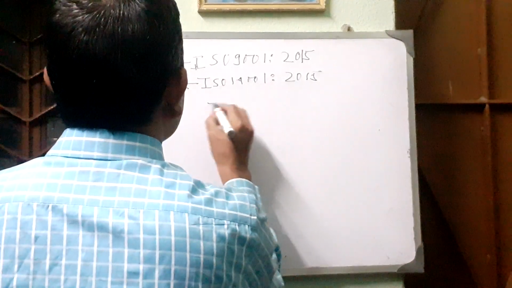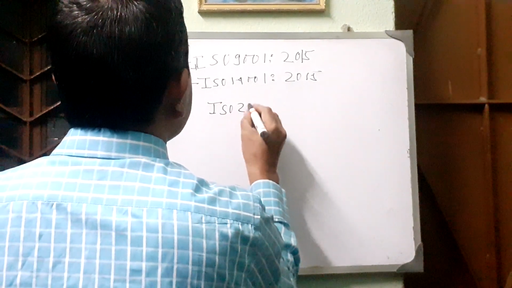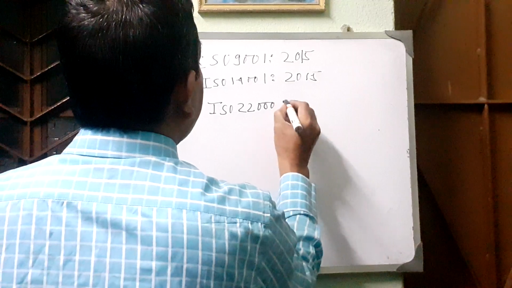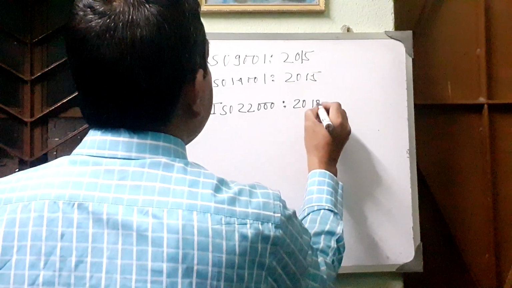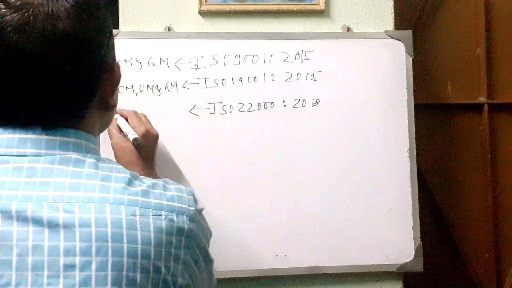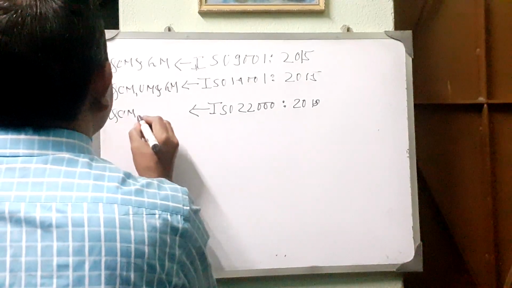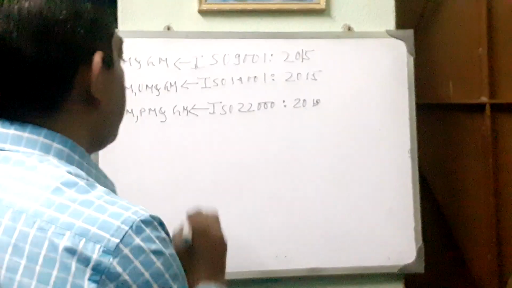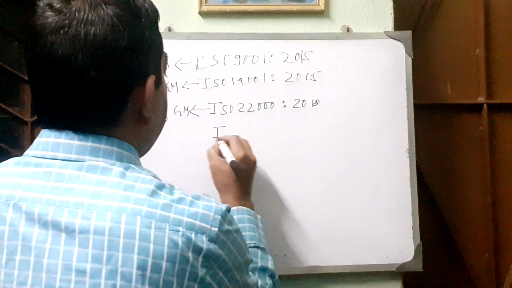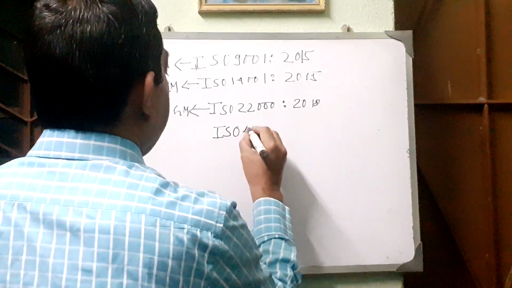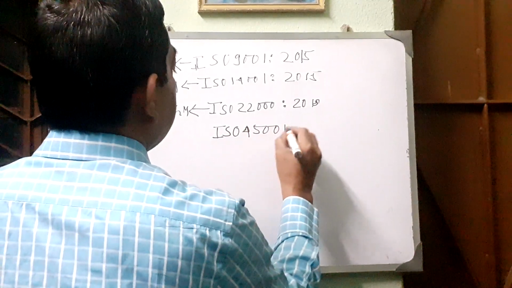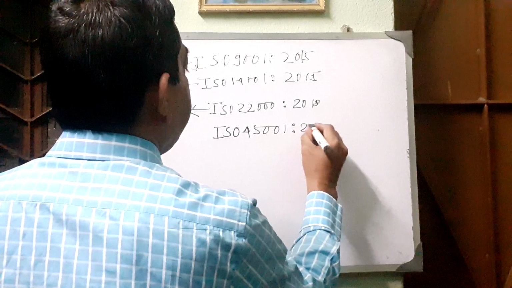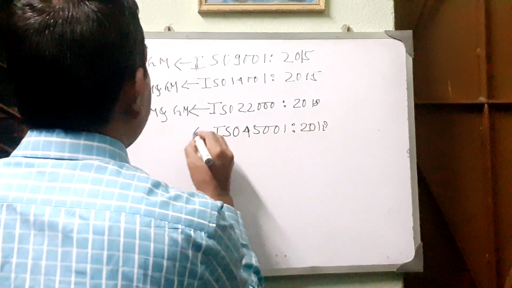And ISO 22000:2018, who will be responsible for this? The QCM, the production manager, PM, and the GM, general manager, will always be responsible for all this ISO implementation. And ISO 45001:2018, who will be responsible?